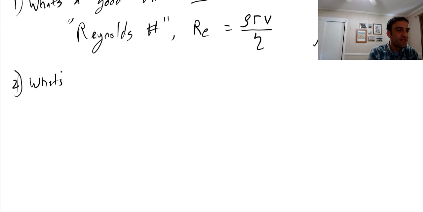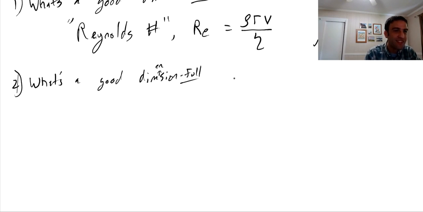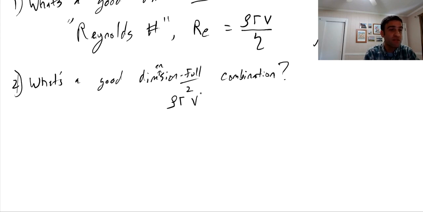What's a good dimension-full combination that has the right units of a force? Well, the next easiest combination of stuff that gives me a force actually only uses 3 of those quantities, and it's the combination a density times a length scale squared times a velocity squared.